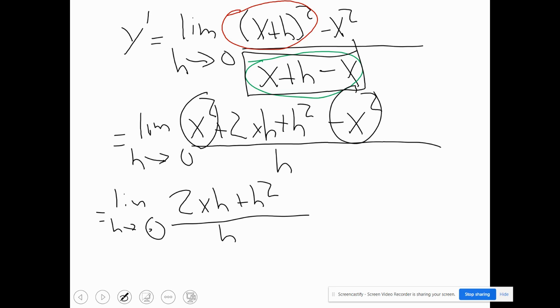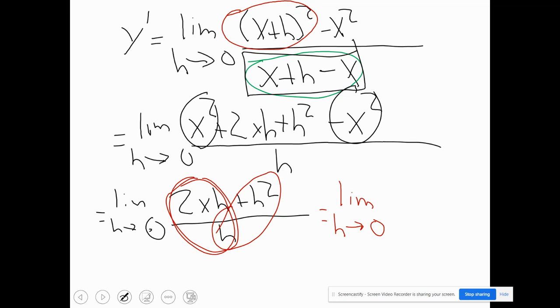But now this limit fits into what we were looking at yesterday. What can I do? Well, I could factor the top and simplify. I can split this into two fractions and simplify. In fact, let's do that. The limit as h approaches 0 of 2xh over h would be 2x, and h squared over h would give me h.